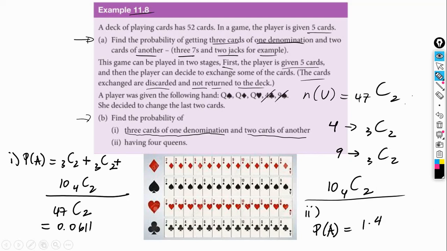Because there's a total of 47. So it's going to be 1 times 46 divided again by the total sample space, which we said is picking 2 cards out of 47. And this is going to be a probability of 0.0426.